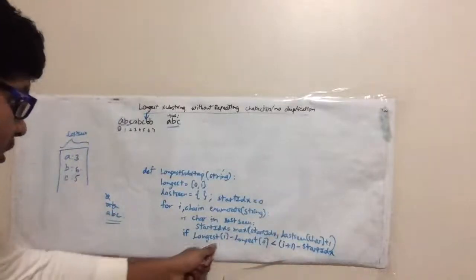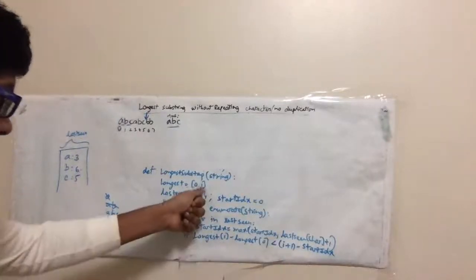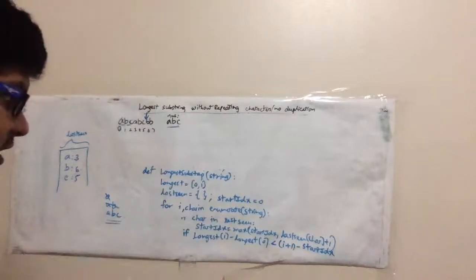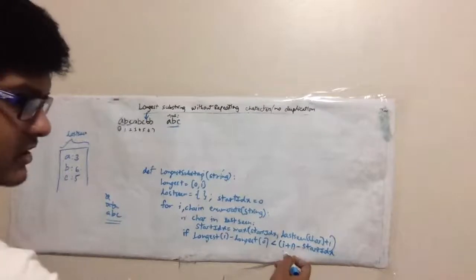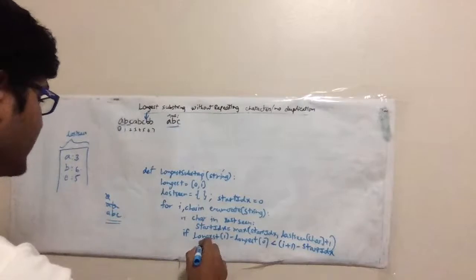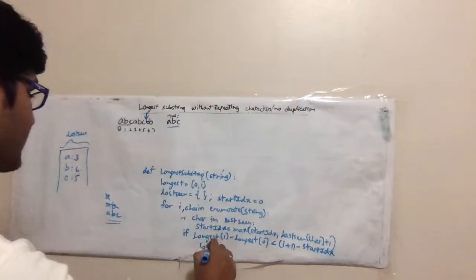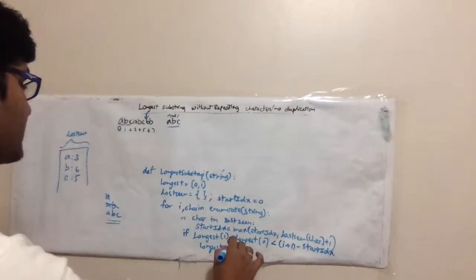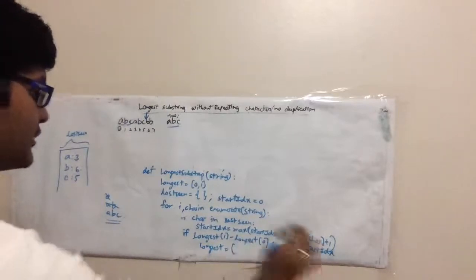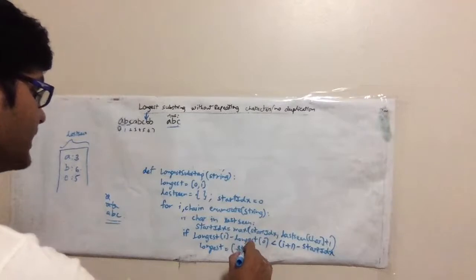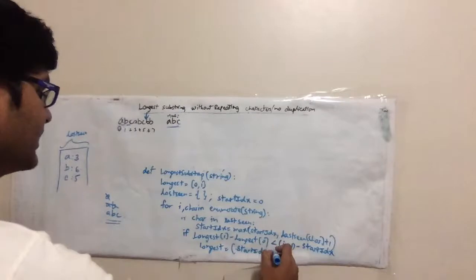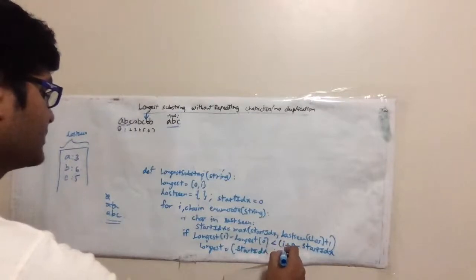Okay, so longest of 1 minus longest of 0 less than I plus 1. If this is larger, we need to update this longest indexes. We will just update this as these values: the first one will become the new start index, and the second index will become I plus 1.